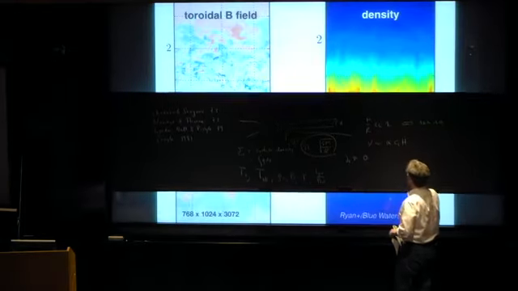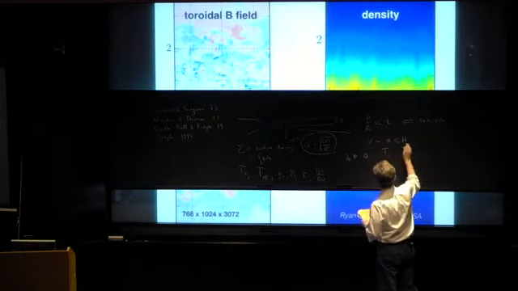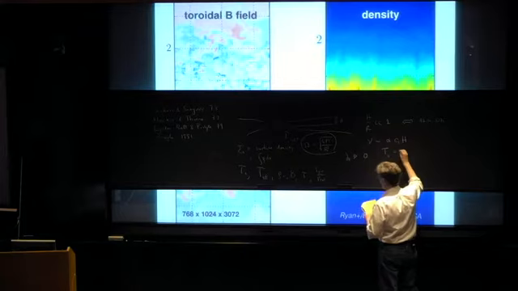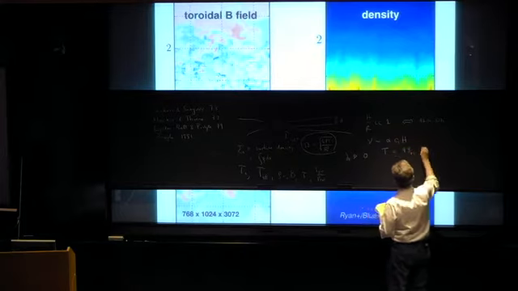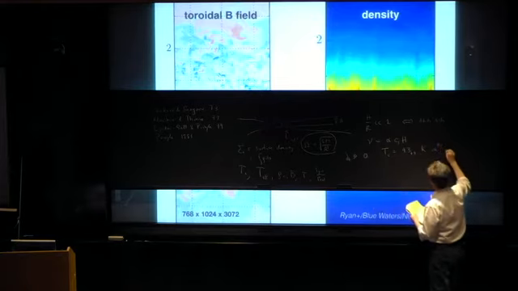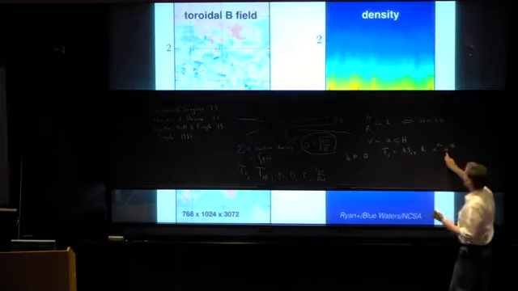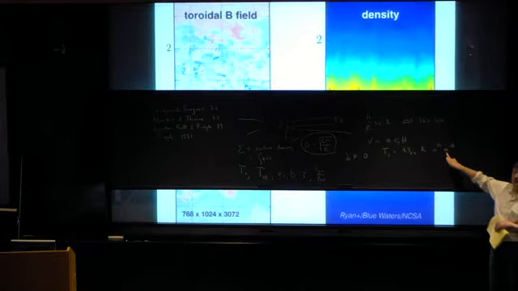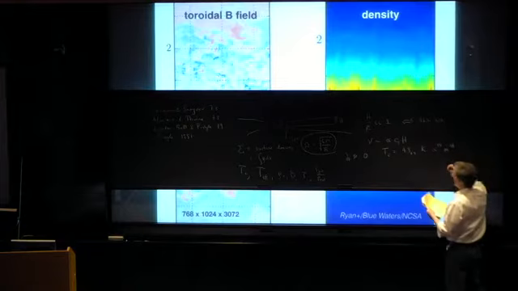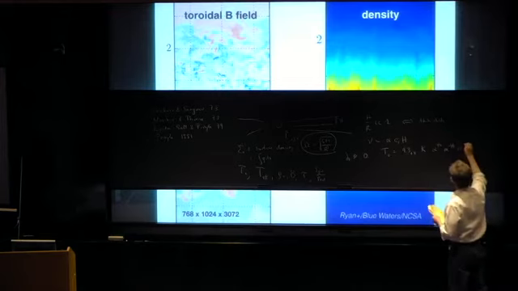This is for a black hole. One finds central temperature 4.3 times 10 to the 7 K, alpha to the -1/4, m to the -1/4, where m is the mass scaled to 1 solar mass, and r in units of the gravitational radius to the -3/8.